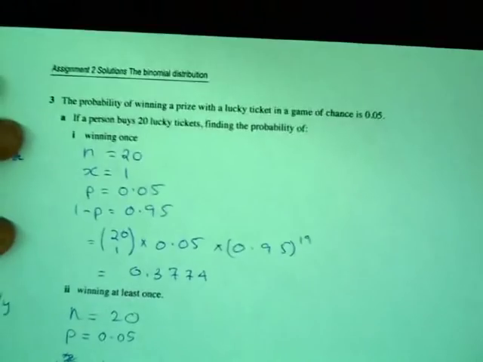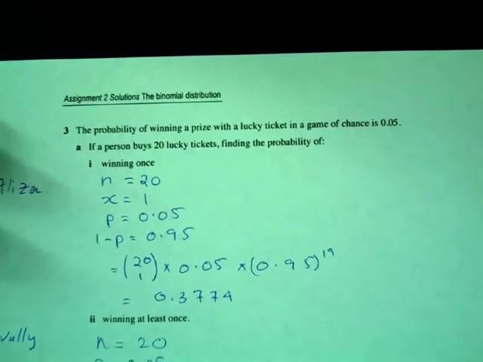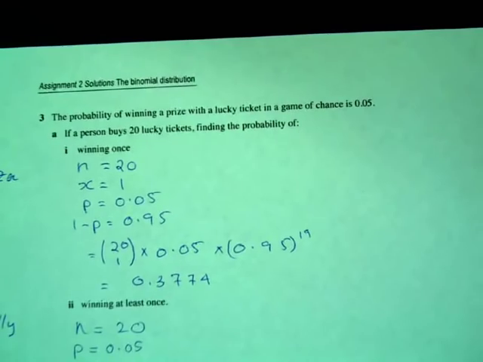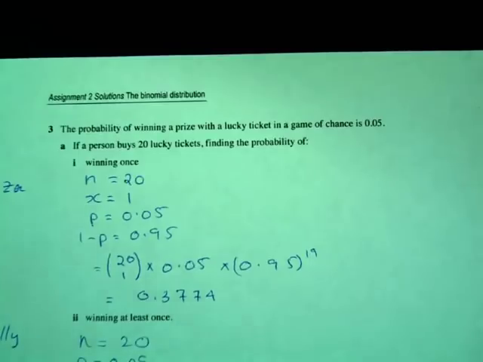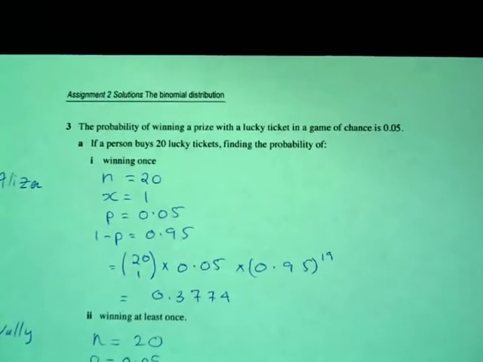Eliza. The probability of winning a prize with a lucky ticket in a game of chance is 0.05. If a person buys 20 lucky tickets, find the probability of winning once.